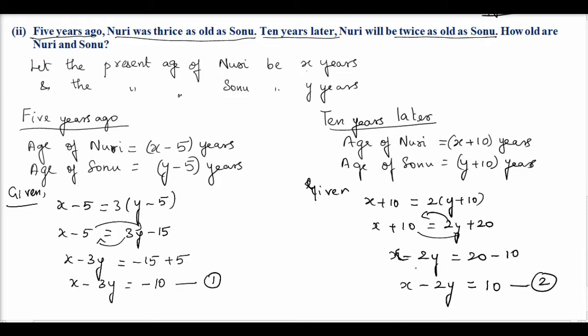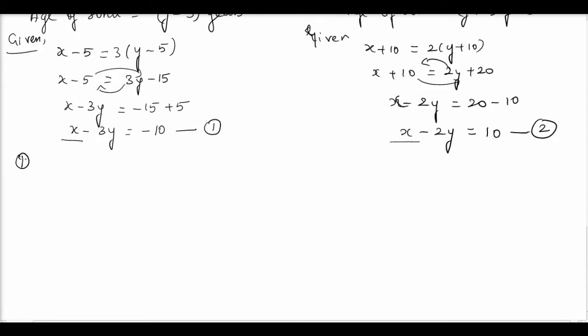So we have framed the equations for the given situation. Now we'll solve them using elimination method. And we see that the coefficients of x are same. So we need not go for any multiplication. We'll directly add or subtract them. So now, consider equation 1. Let me take it as it is: x minus 3y equal minus 10.